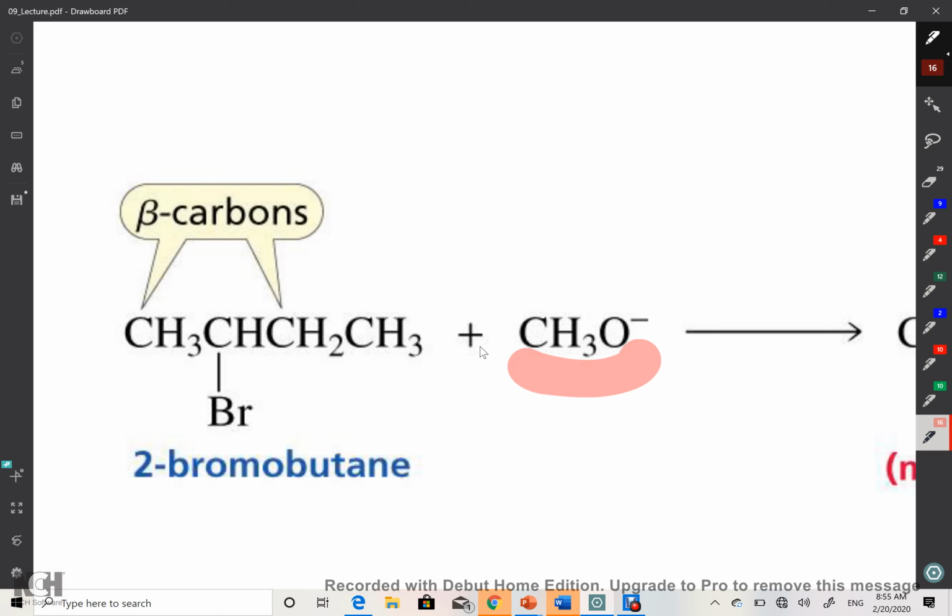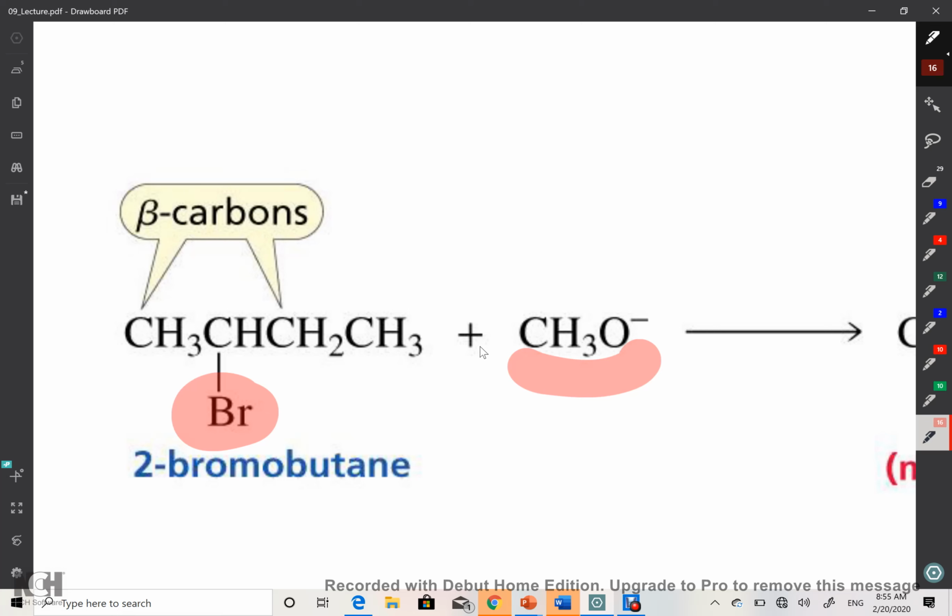So look at this reaction. That's our base. This is our halogen, the halogen that will be eliminated, right? And then in this case, we have two beta carbons. Remember that the hydrogen is coming off of the beta carbon. Now you have two beta carbons, and those beta carbons are not the same. They are not the same type of beta carbon.